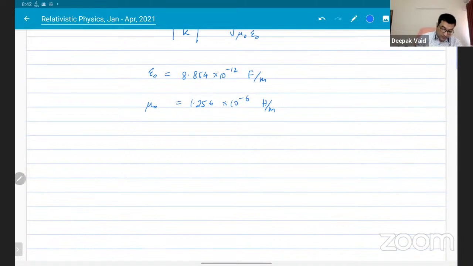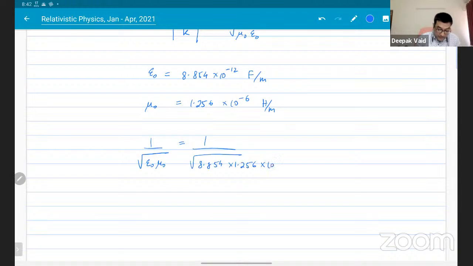So if you look at what is mu naught epsilon naught, what is 1 by root of epsilon naught mu naught? Well, let's do the calculation. I have a calculator here. I plug these in. I get 1 by root of 8.854 times 1.256 times 10 to the minus 12 times 10 to the minus 6.